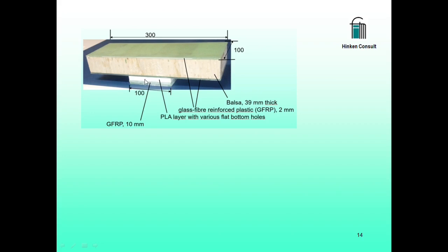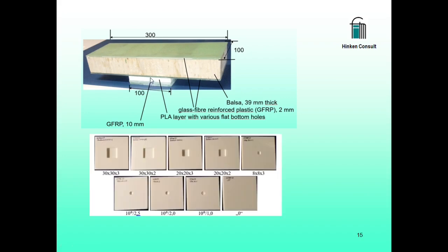The PLA plate can be interchanged by various versions which contain different flat bottom holes which model the air voids. We can see these plates here below.